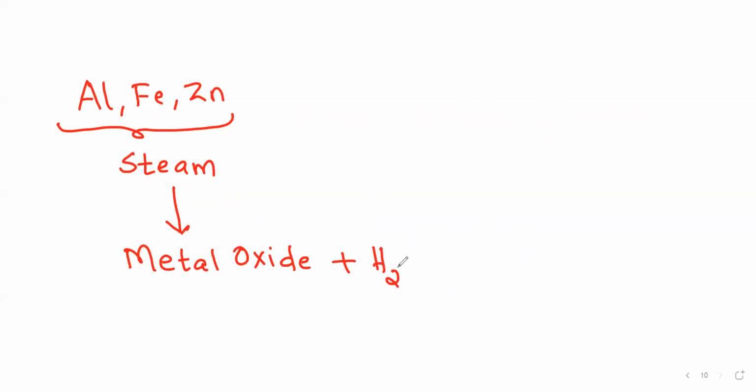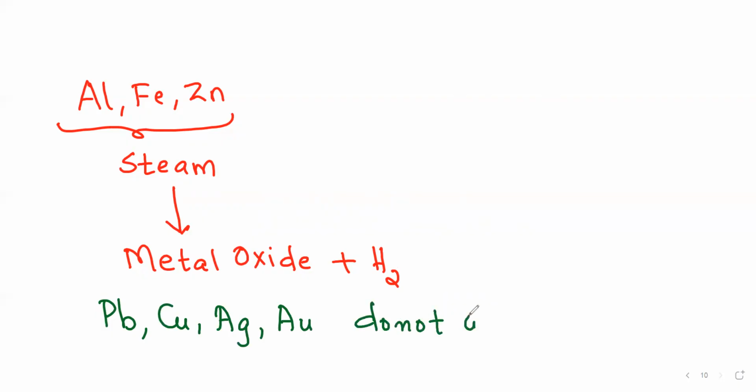There are elements like lead, copper, silver and gold which will not react with water. So we can see that metals' reaction with oxygen and reaction with water are different for different metals. Now in the next class we will learn about the reaction with acid and reaction with solutions of other salts. Then we will come to the reactivity series.